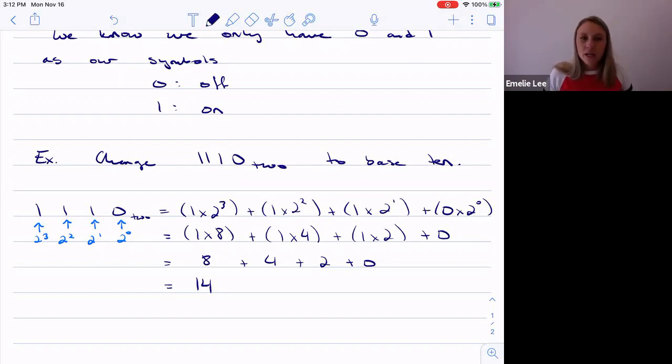Going the other way, so remember if we have to change a decimal, so a base 10 number to base 2, then we can do repeated division. I think we landed on that being kind of a fan favorite, or at least it's my favorite, so that's what I'm using.